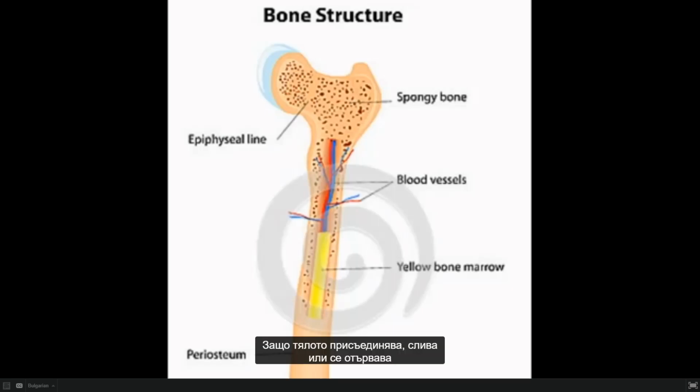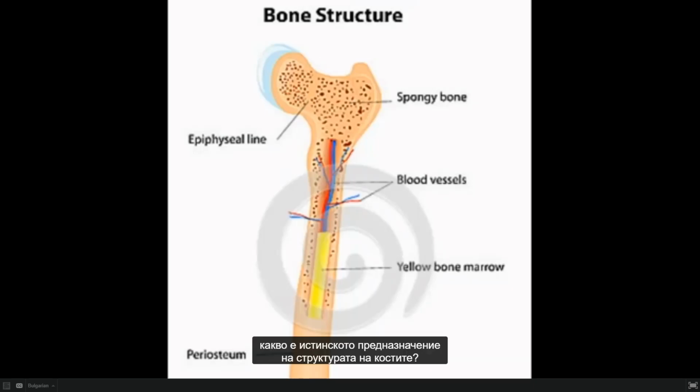But why does the body merge, join, dispose of, and add 70 odd bones in the life cycle? The other question is, in the body of the man, what is the real purpose?